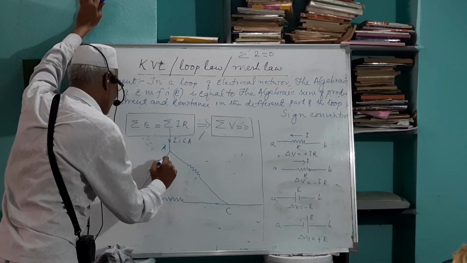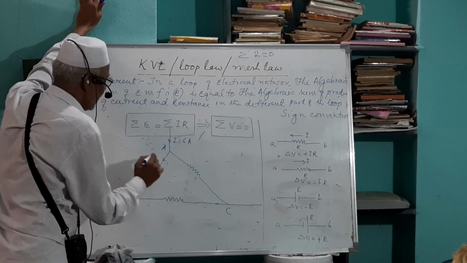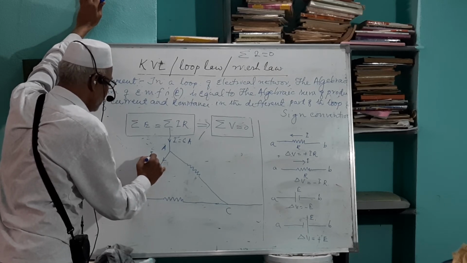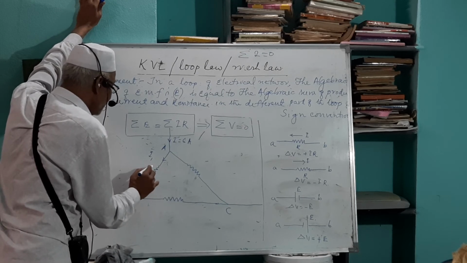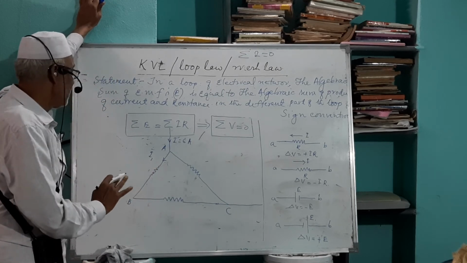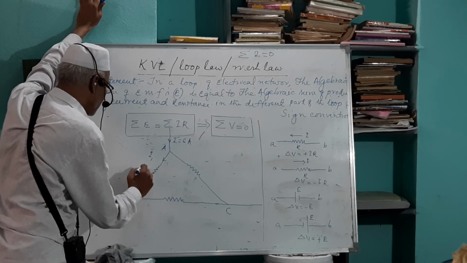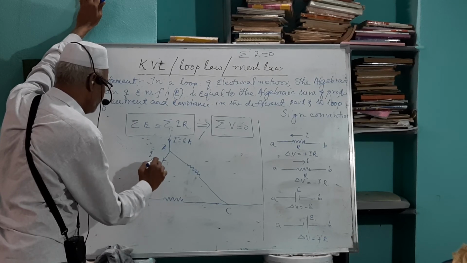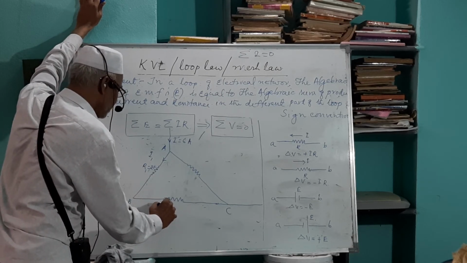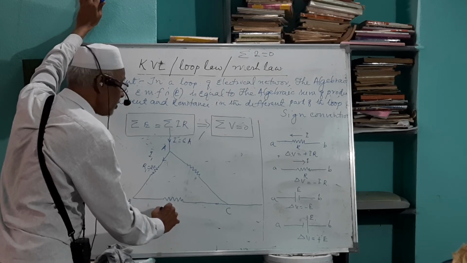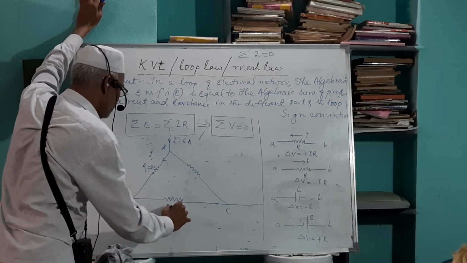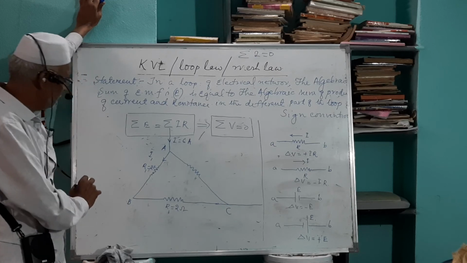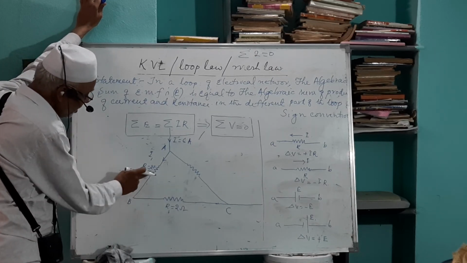I1 ampere of current flows along the AB direction, and this resistance, say R1, is 2 ohm. This again is R1, 2 ohm. So this is 2 ohm, this is 2 ohm, because this is not a junction. Simply you are bending the wire.